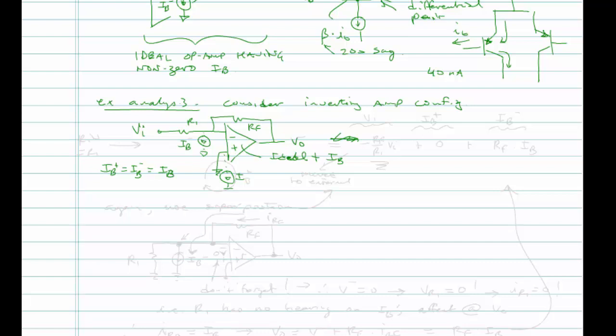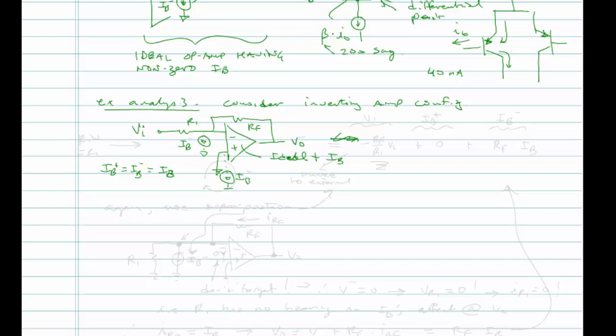And actually, the last imperfection we're going to look at is IOS, which is input offset current. That one is simply to capture the fact that the bias currents at the non-inverting input and at the inverting input are not precisely the same. There's a slight difference between them.